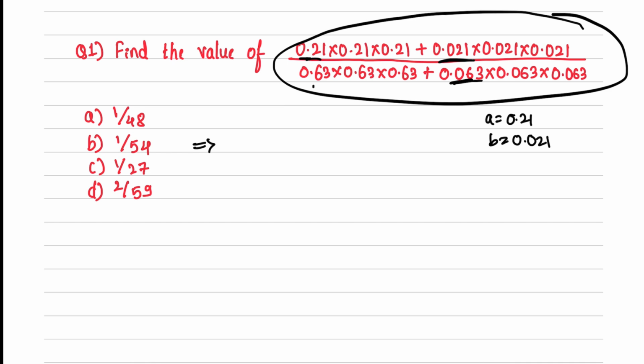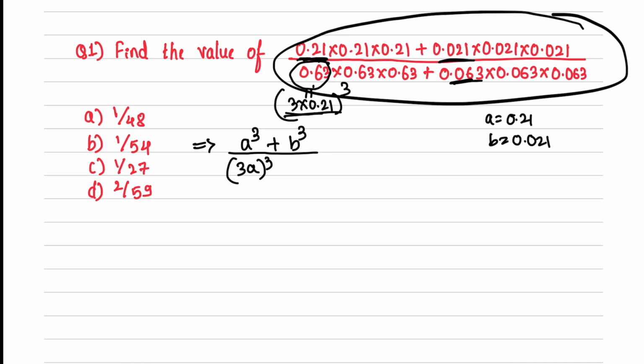If I write A cube, meaning 0.21 whole cube, plus B cube, meaning 0.021 whole cube, by 3A whole cube, because it's a multiple of 0.21, which is 3 into 0.21, and it is repeated 3 times, so it is whole cube.